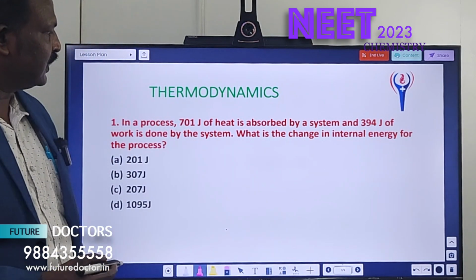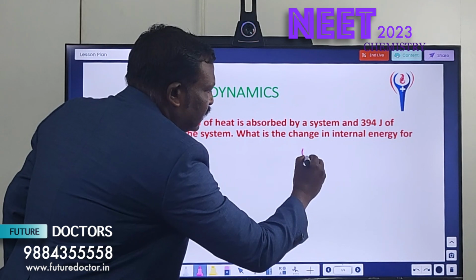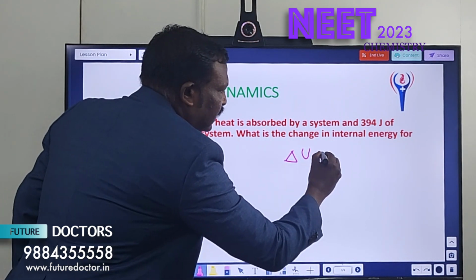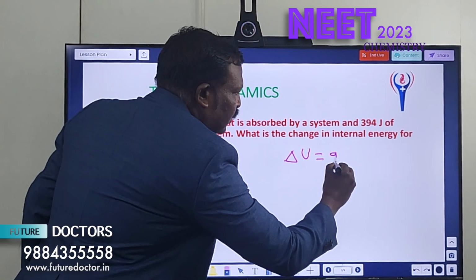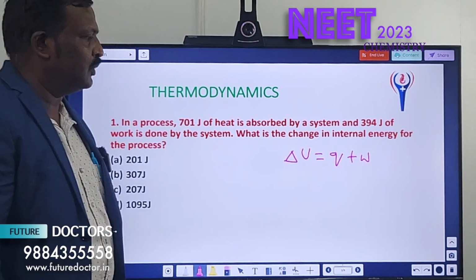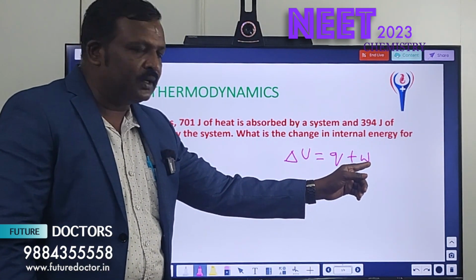So it has one formula. It is represented by the symbol U. Change in energy, then we use delta U. Delta U is equal to Q plus W. That's the formula. Q is nothing but heat, W is nothing but work done.